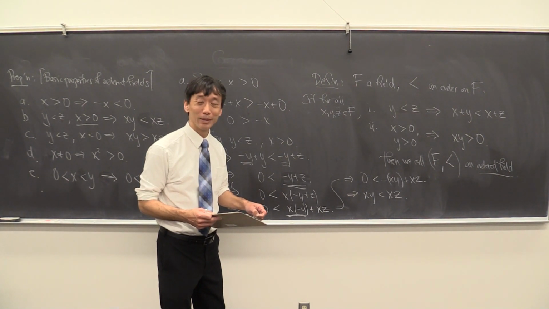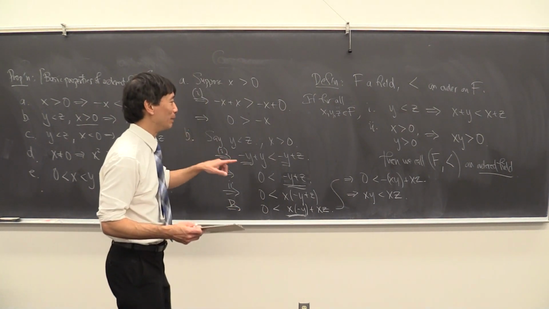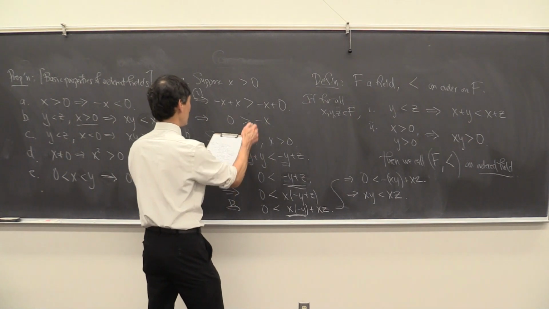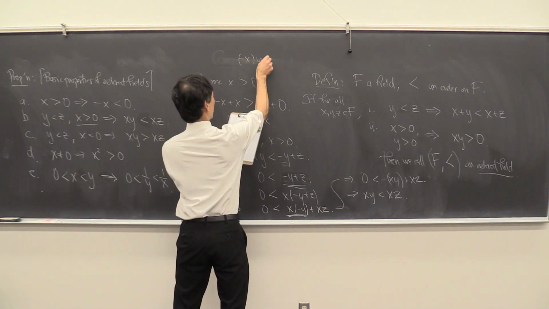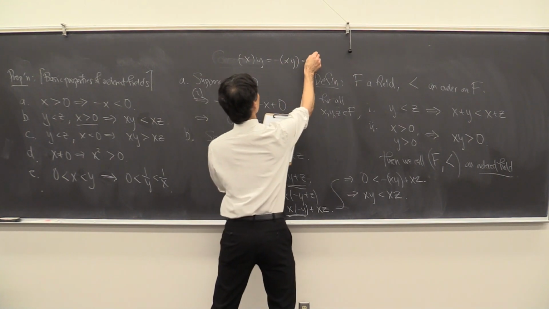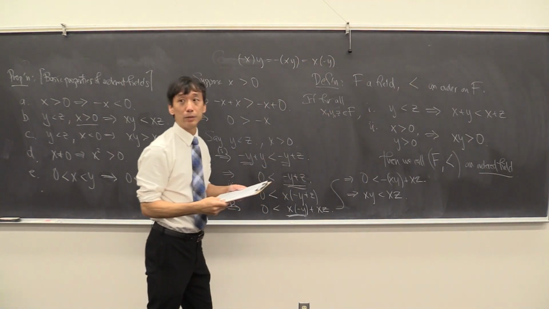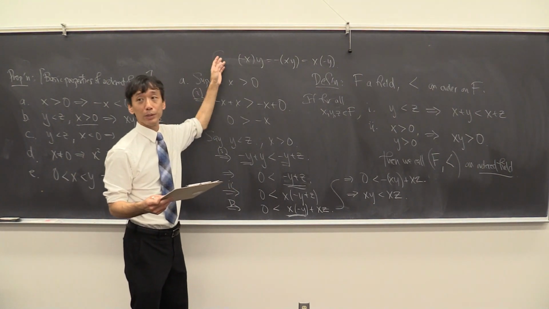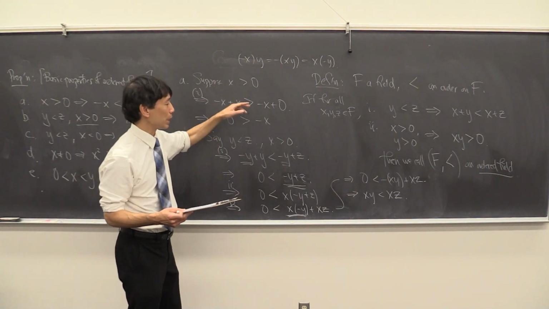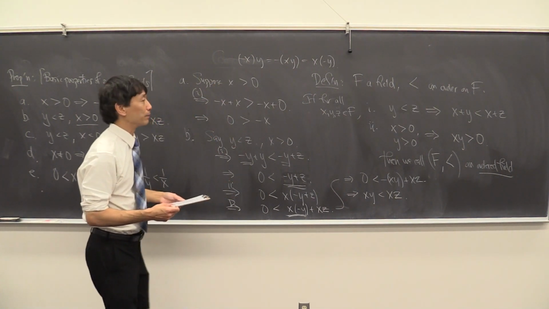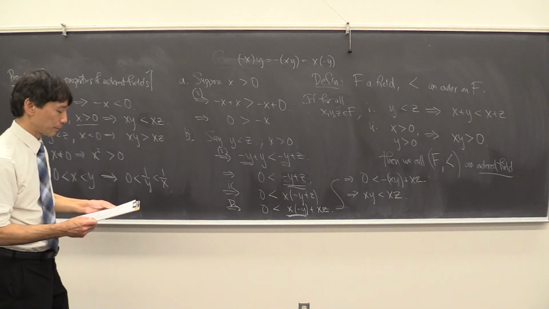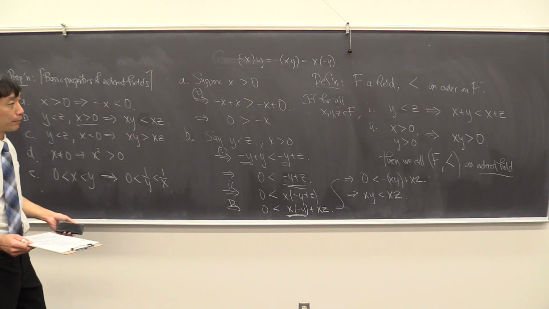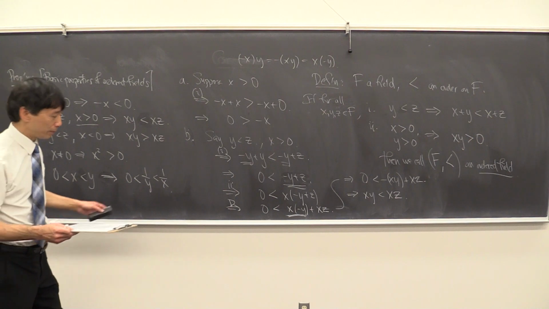Well, actually, there is a negative one, but this is just using the previous proposition. Do you remember in the previous proposition we had negative xy equals x times negative y? That was something I didn't do the proof of, but that was from the previous proposition. Oh, okay. So that was from part C in the previous proposition.